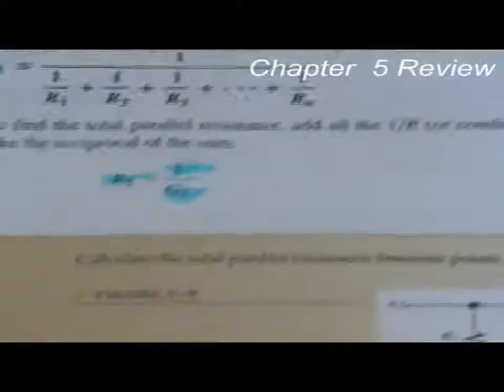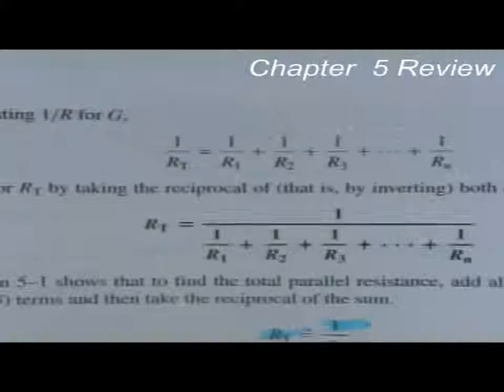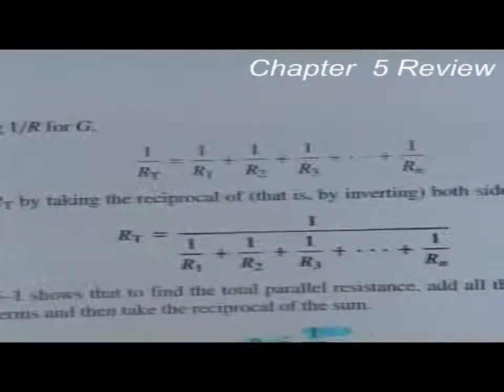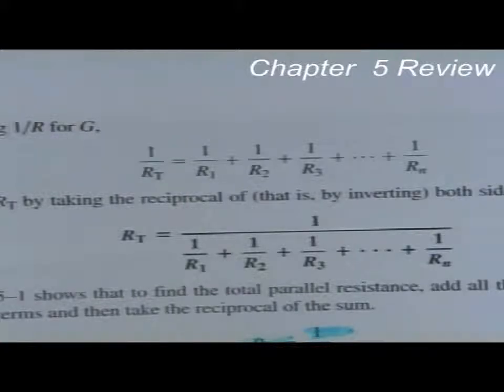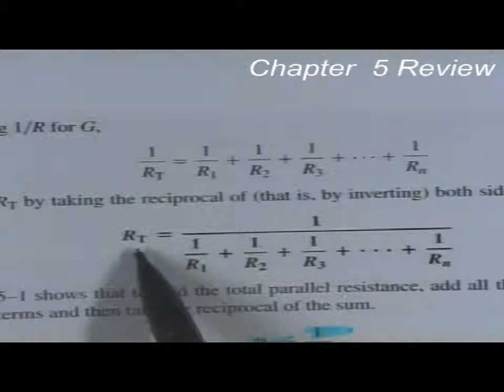Now, the formulas that I want to discuss are real important. This is probably the most important formula we're using in this chapter, and you're going to be using it probably throughout your career. This is the reciprocal formula. And basically what that means is that the total resistance in a parallel circuit, now I'm talking only about a parallel circuit, I'm not talking about a series circuit, and I'm not talking about a series parallel circuit.